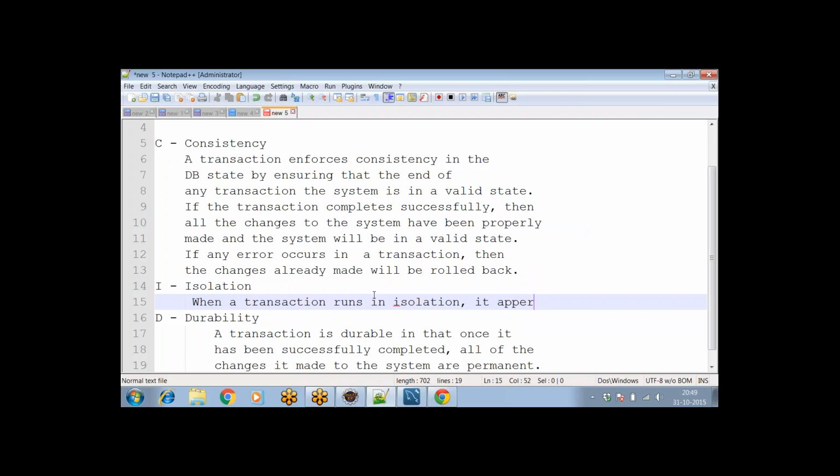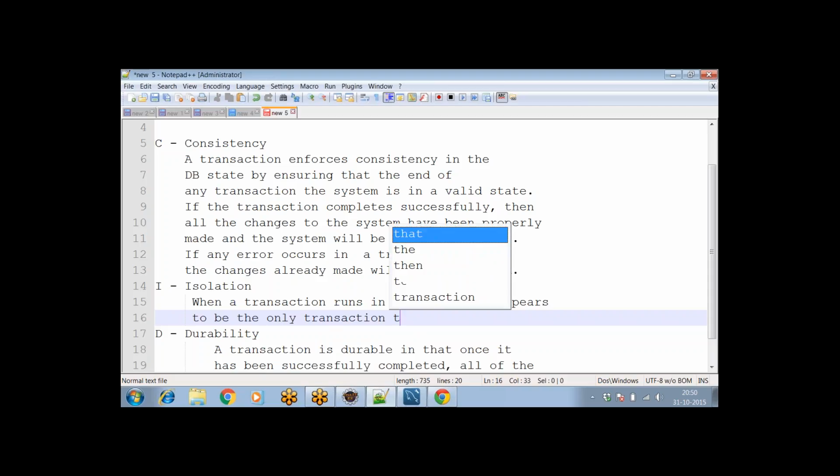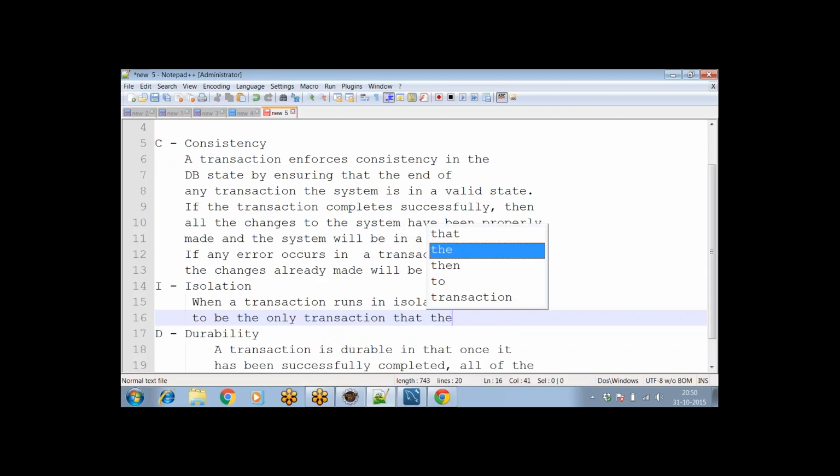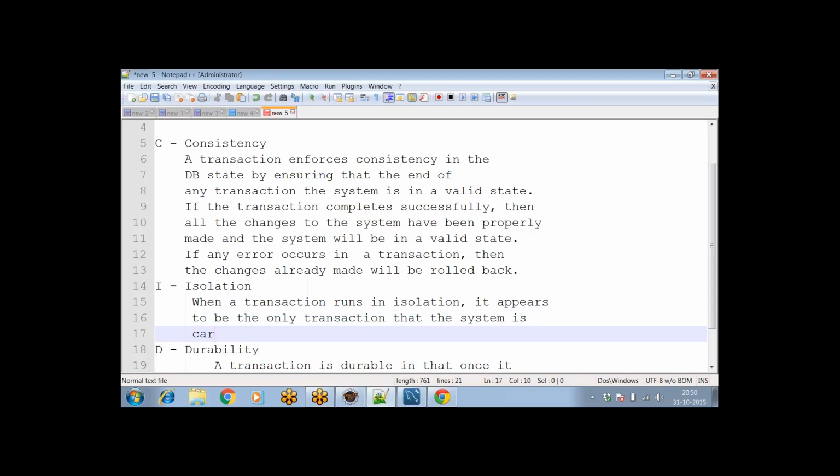it appears to be the only action or transaction that the system is carrying out at one time.